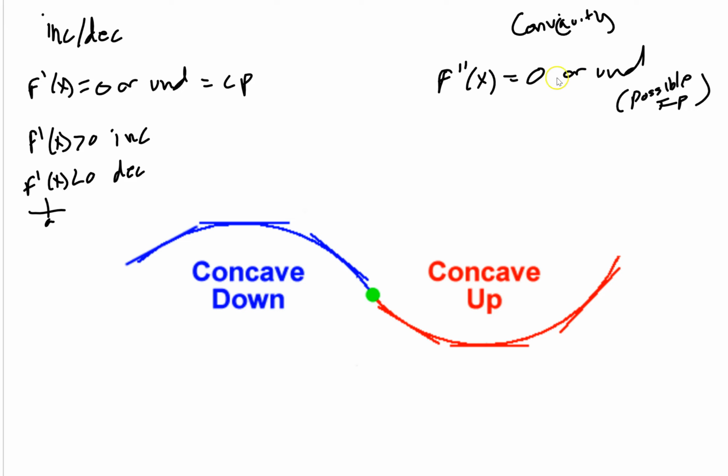And then we'll do a sign chart with that, just like we did last time, a little sign chart for our values. Now, this time, when we do our test points, we're going to plug into the second derivative because it's a second derivative test. And just like before, if you get a positive, this time it means concave up.